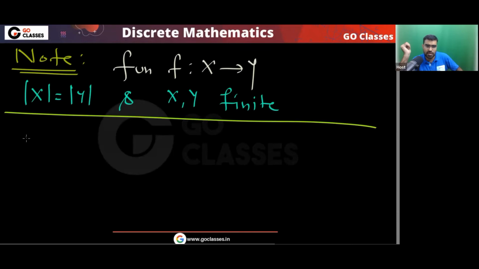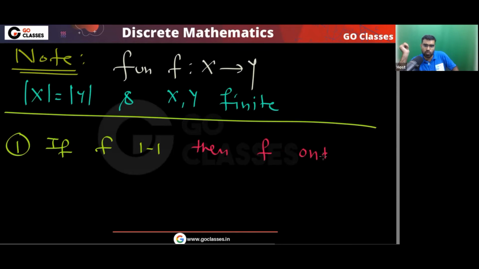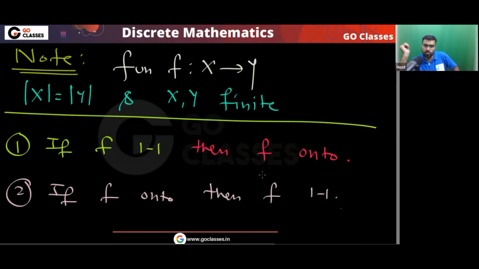In this situation, if f is 1, 1, then automatically it will be onto, right? And if f is onto, then automatically it will become 1, 1.